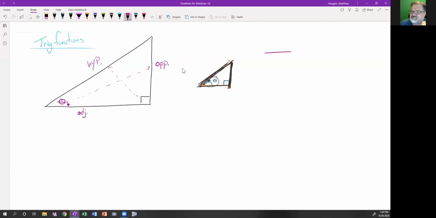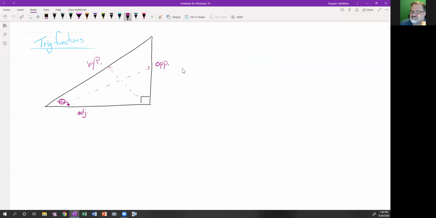Now, just really quickly, if we had stuck with phi, then the hypotenuse would still be opposite the 90 degree, but the opposite leg of the triangle would be that one in reference to phi, and the adjacent would be this one in reference to phi. So always be careful. Which legs are adjacent and opposite is dependent on which angle you are referencing. So be a little careful about that.